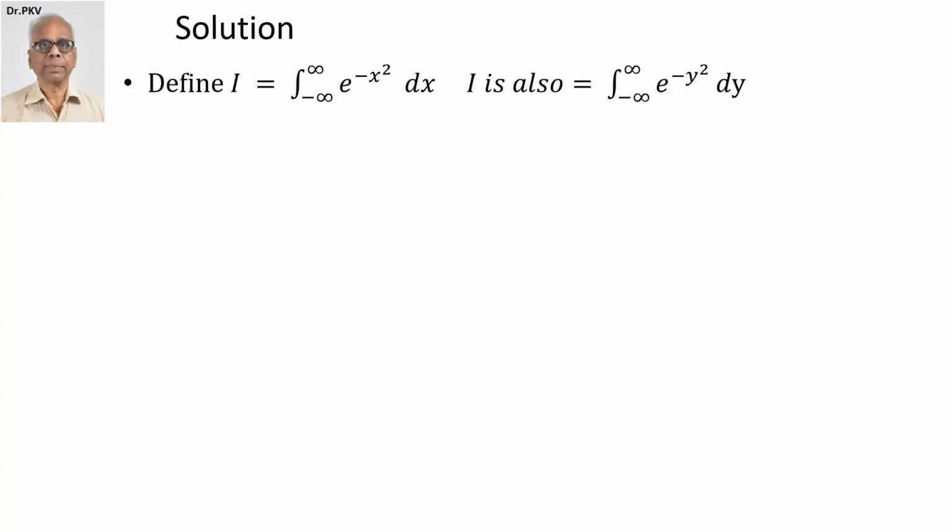And therefore, I squared is equal to the integral from minus infinity to plus infinity of e to the power minus x squared dx multiplied by the integral from minus infinity to plus infinity of e to the power minus y squared dy.